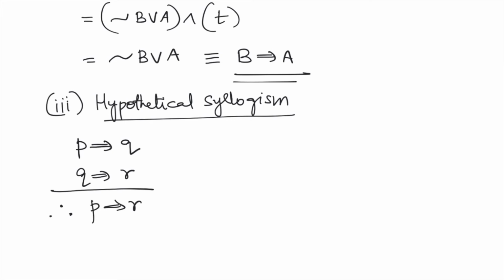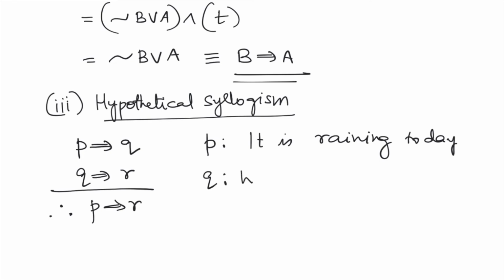For example, I'll take an example. Let's say P is the statement, it is raining today. And Q is the statement, we will not have a barbecue today.